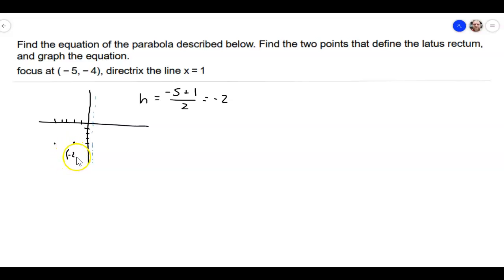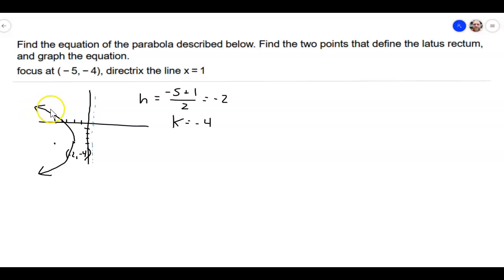And -2, -4, that is going to be our vertex here. So k is equal to -4. And remember that the focus, once again, is in the bowl of the parabola. So this thing is going to be opening left, something like this.